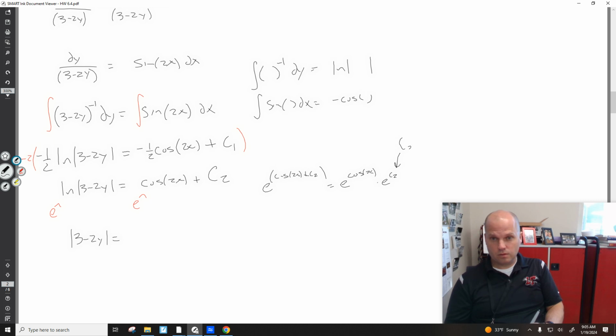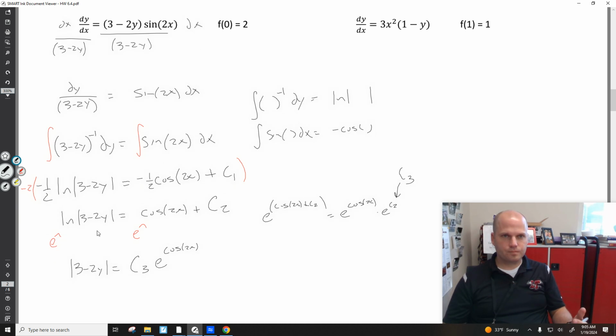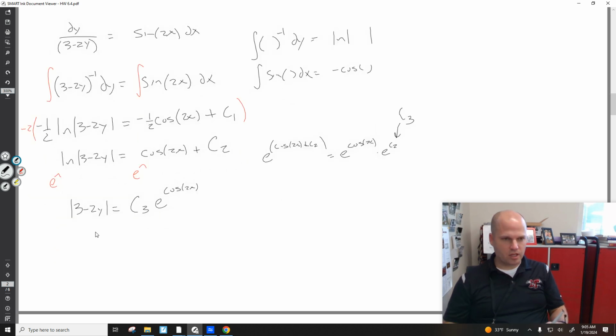E to the C2 is a new C. It's a C3. So I'll write this as C3 e to the cos 2x. Get rid of the absolute value, make this a plus or minus. Again, it's just going to be ignored. When I plug in 0, I should get 2.